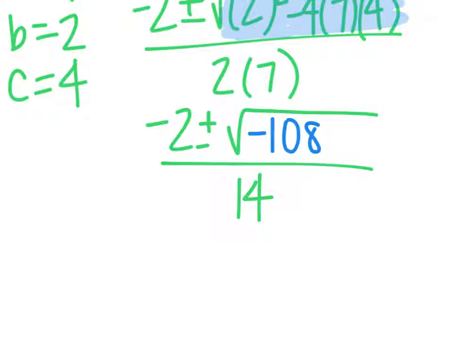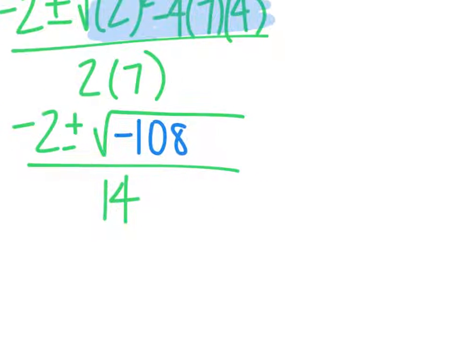I cannot take the square root of -108, but I can simplify that. I know y'all love simplifying square roots so much. What goes into 108? 9 times 12. What else? Can you do the tree? Okay, we can do the factor tree.